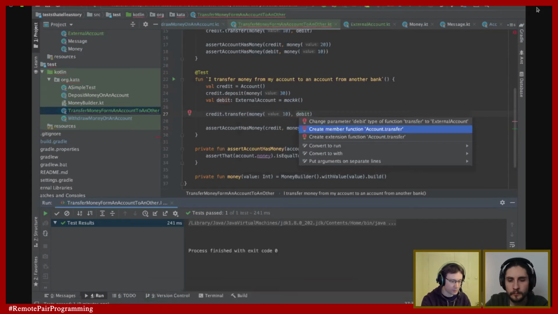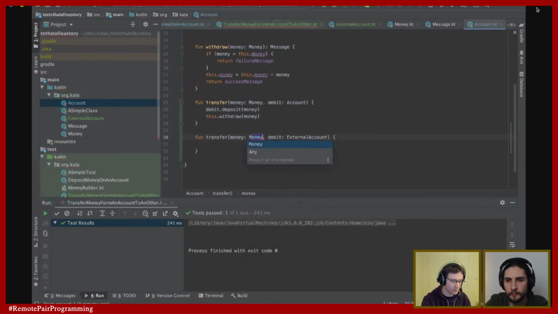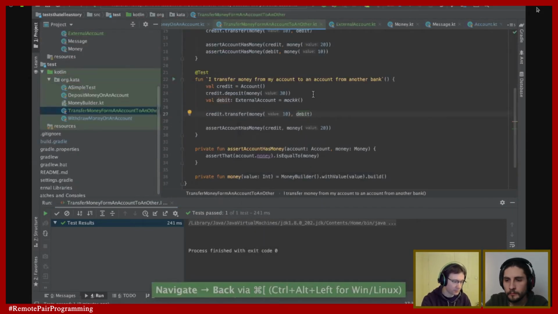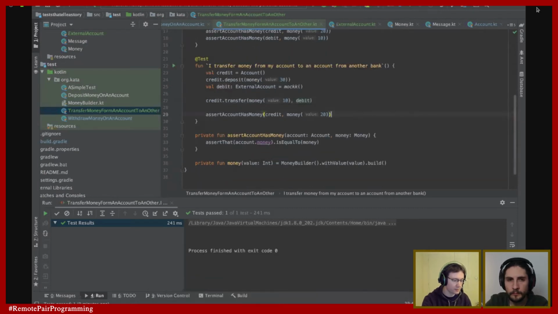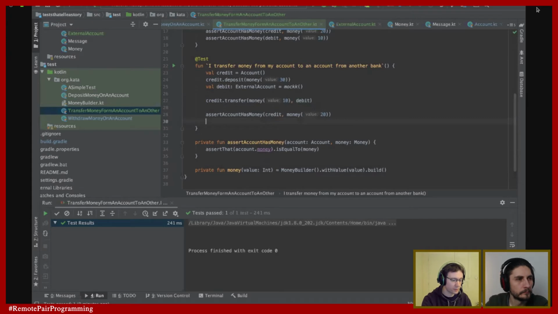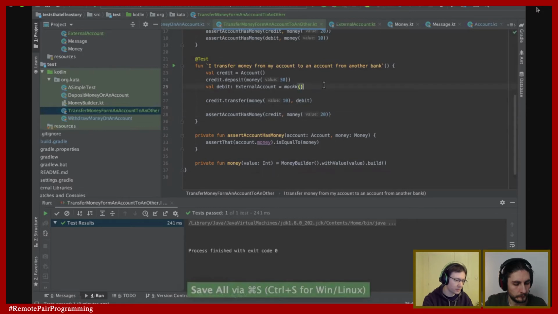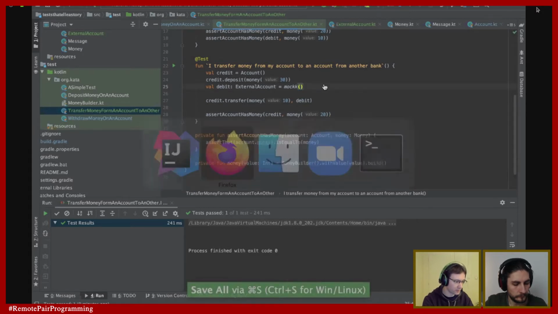Now we have to create the function transfer from an account to an external account, and now we can. I don't remember. We do this with Mockito actually.